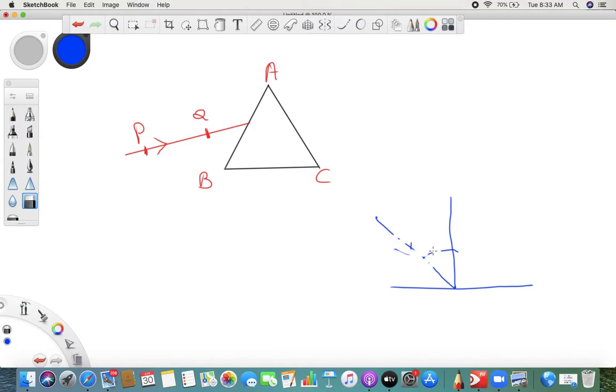So here also the angle of incidence remains the same. What we have to do is draw the normal. Let me draw a normal. So this is your normal, and this is your angle of incidence.